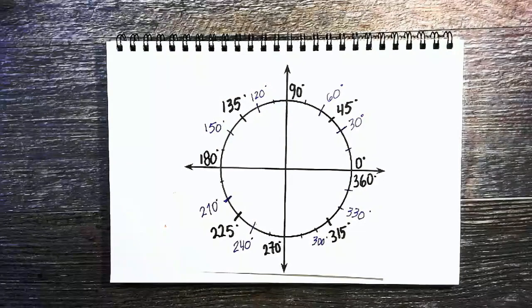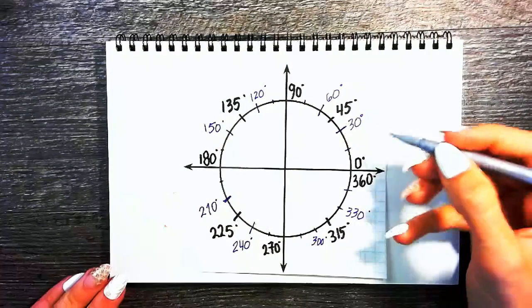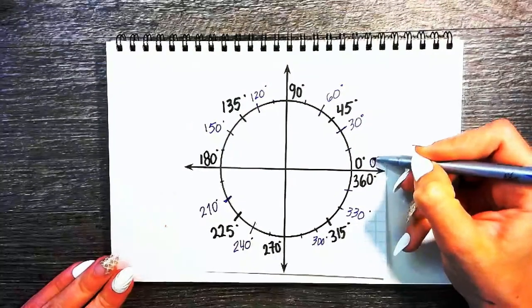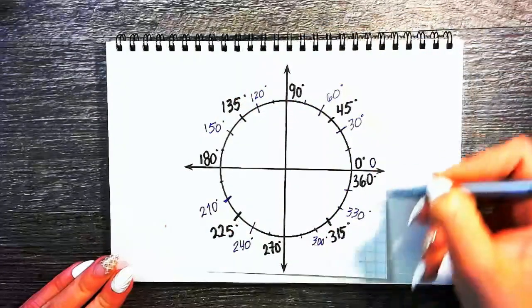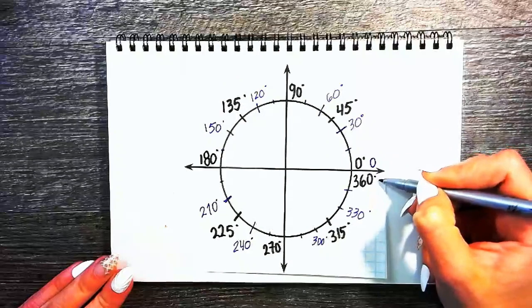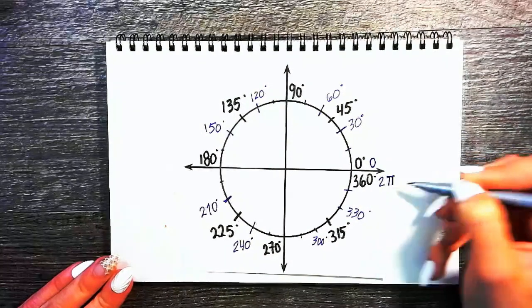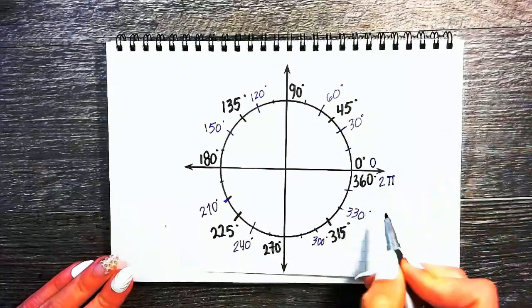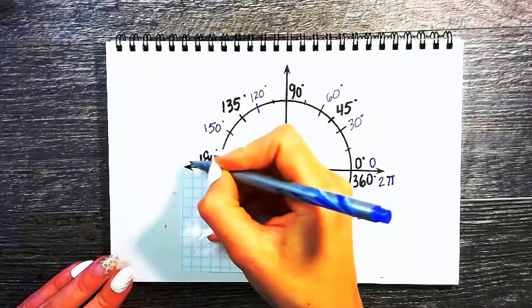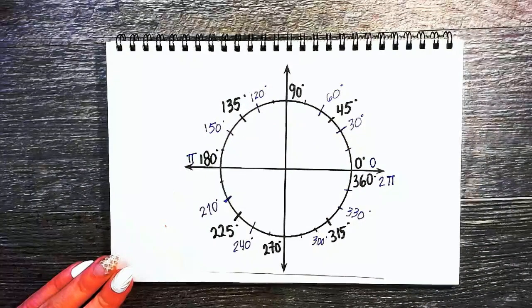However, we also know that 1 full revolution is equal to 2 pi radians. So 0 radians, and radians has no units. 360 is 2 pi radians. Halfway between 0 and 2 pi is pi radians.